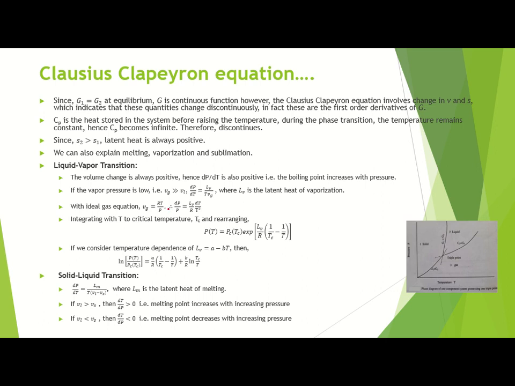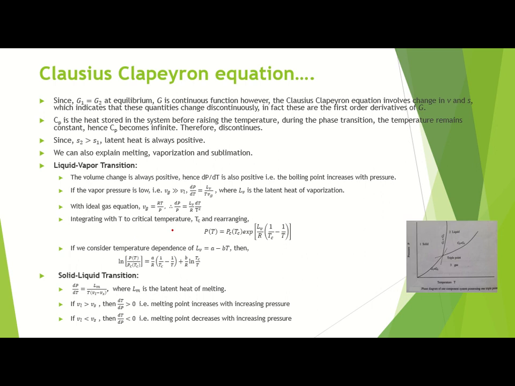If we substitute this ideal gas equation here for Vg, and just slightly rearrange, bringing this pressure here, we will get dP by P equal to Lv by R times dT by T square. Okay, here we already have T and this T will come, so it will become T square.